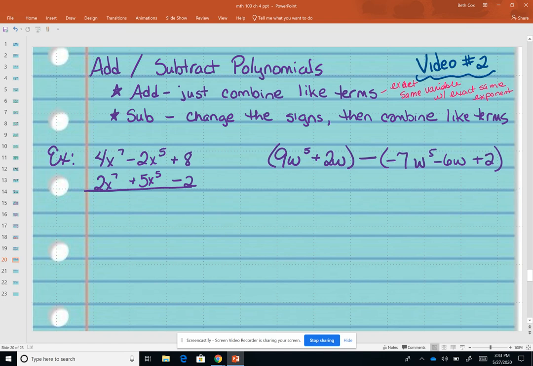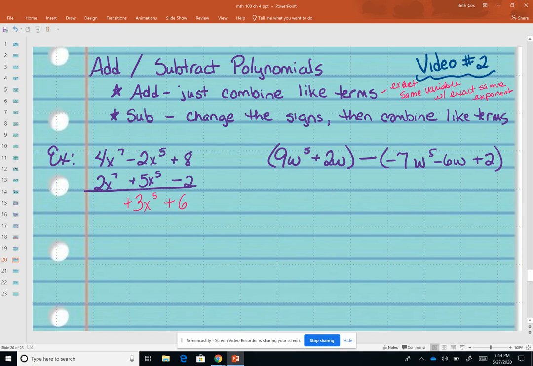That's all it is. So for this first problem, we actually have a vertical problem, and we have an x to the 7th, an x to the 5th, and a constant. And so we're going to combine these using our positive and negative rules. A positive 8 and a negative 2 combines to a positive 6. A negative 2 and a positive 5 is a positive 3.